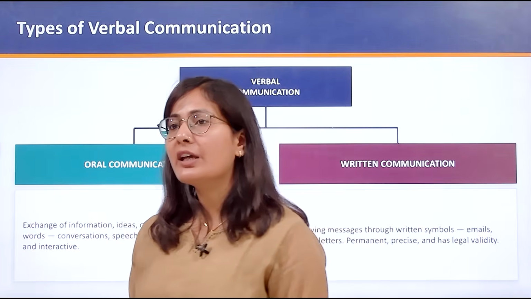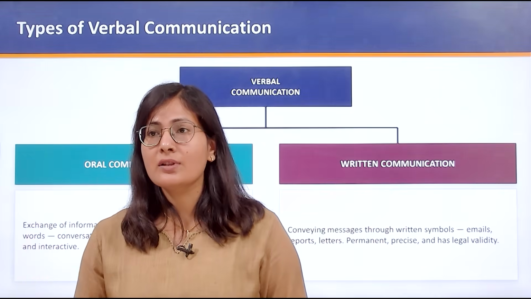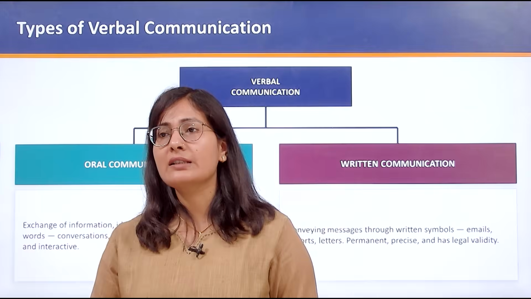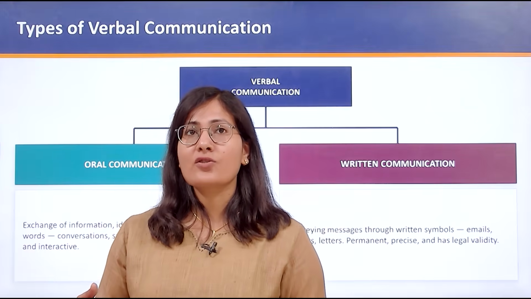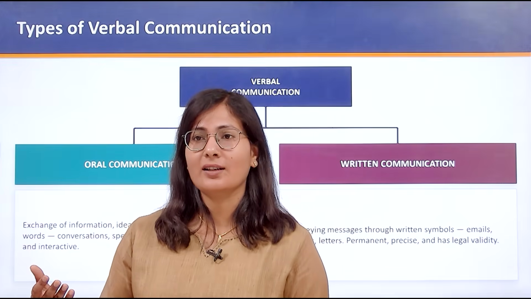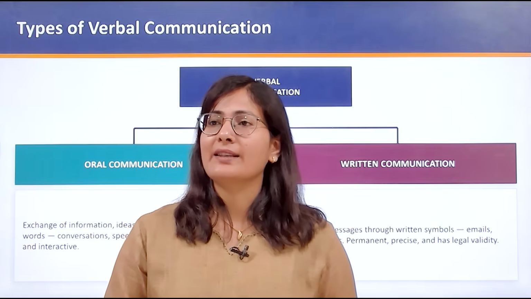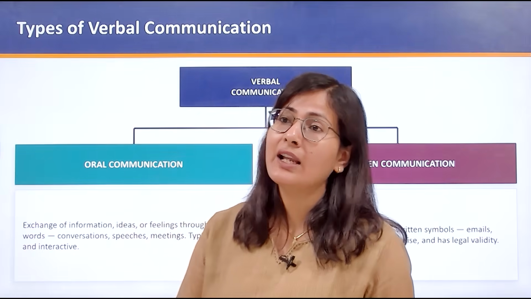Written communication, however, conveys messages through written symbols such as emails, reports, and letters, and it is considered permanent. You can use it for future reference as well. It is very precise, and it also has legal validity.